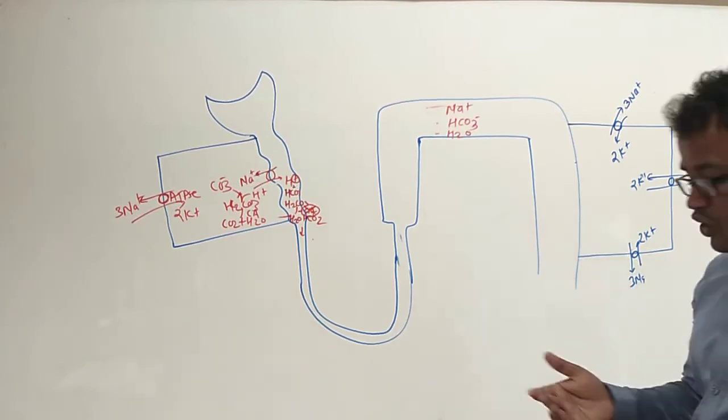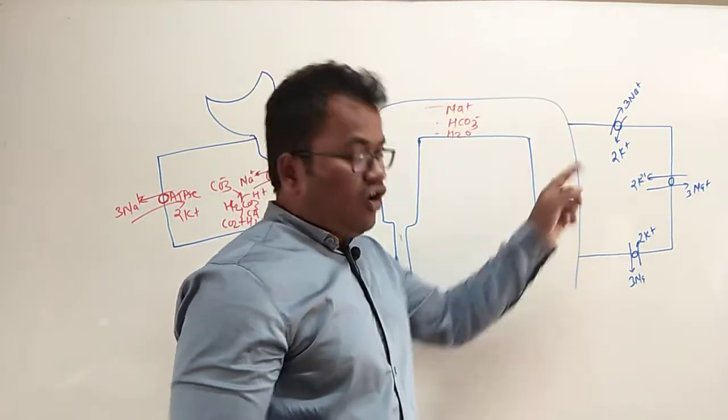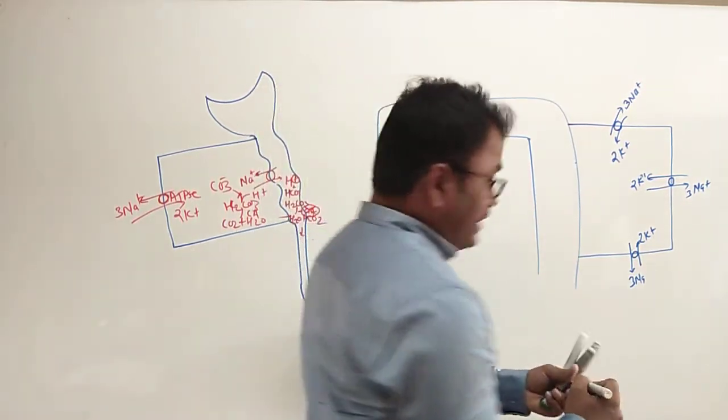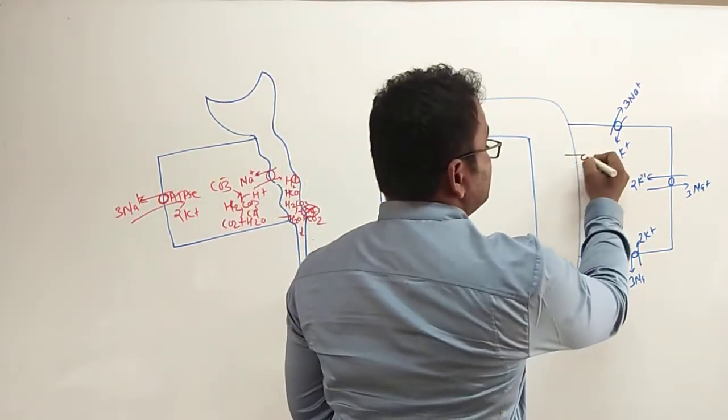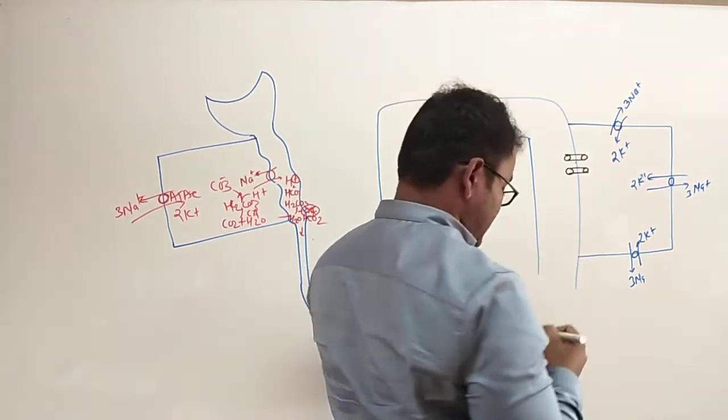Special types of channels are also present in the collecting tubule on the luminal side, and these are called sodium channels. These are not a protein pump, these are channels.